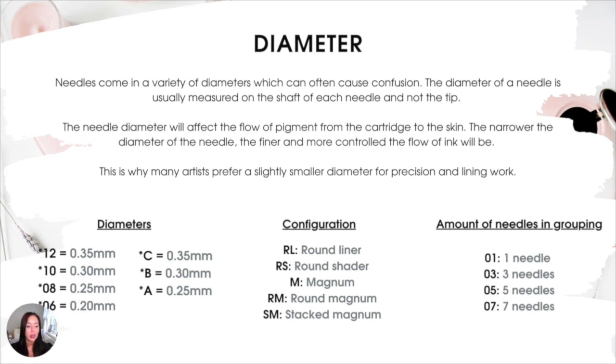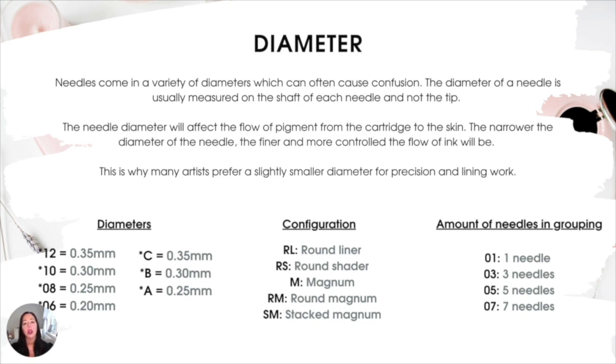If you see an 0.6 in your label, an 0.6 is a 0.20 millimetre diameter. An 0.8 is a 0.25, a 10 is a 0.30, and a 12 is a 0.35. So that is the thickness of the needle, remember. And the same with A, B, and C. A is 25, B is generally 30, C is a 35.